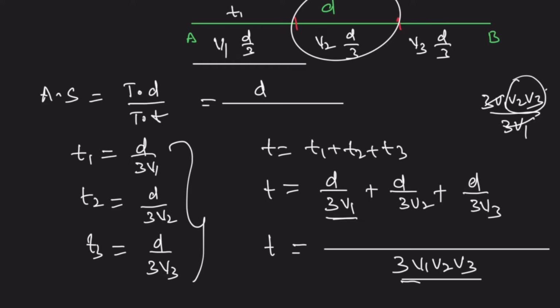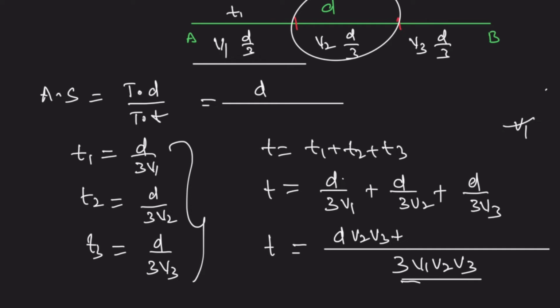So this v2 v3 is multiplied with the numerator of this term. So what is the numerator here? d. So we get d v2 v3.